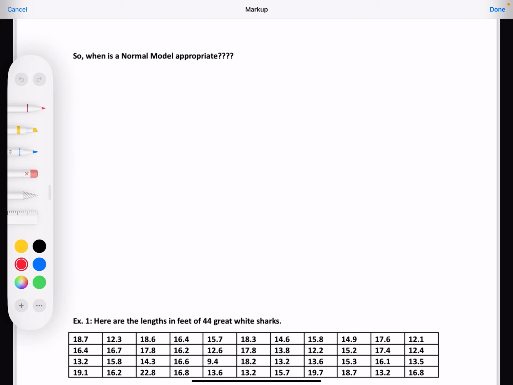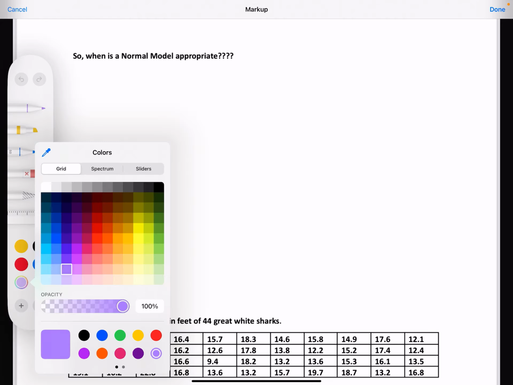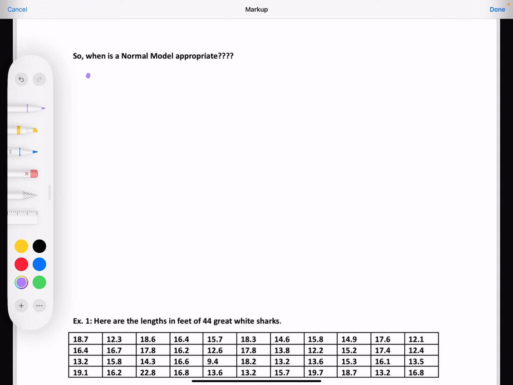All right. So when is a normal model appropriate? Appropriate when a histogram is what? Symmetric and unimodal. Yep. Bingo. Unimodal.